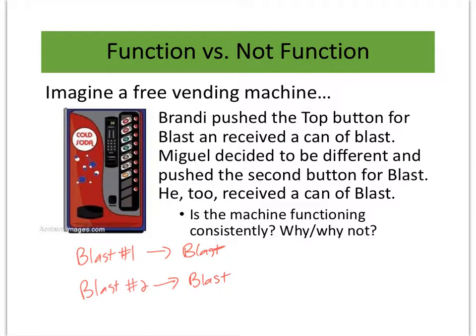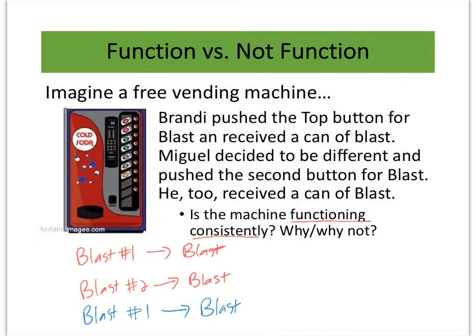So both of those receive the can of Blast. Is this machine functioning consistently? Can I predict what's going to happen? Well, maybe you need to know another piece of information. When I push Blast number 1 again, I also get a Blast.